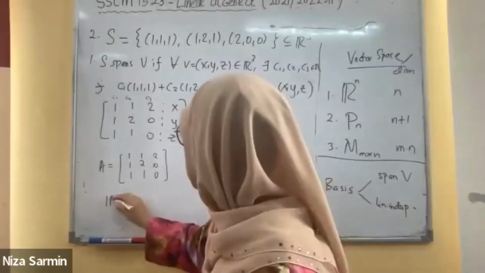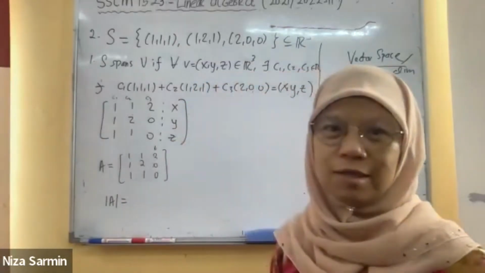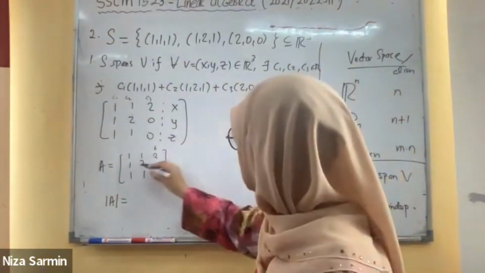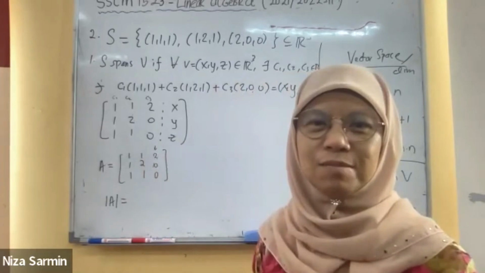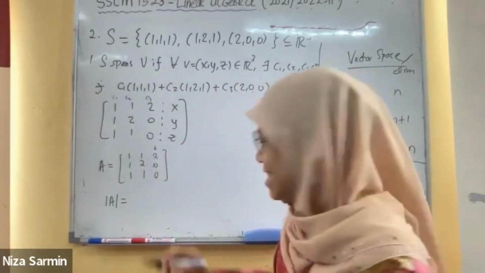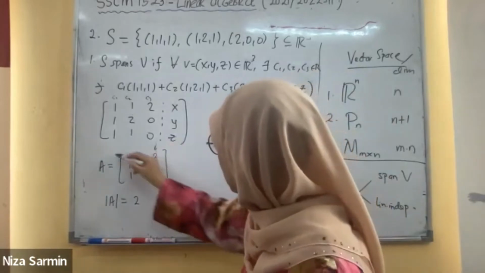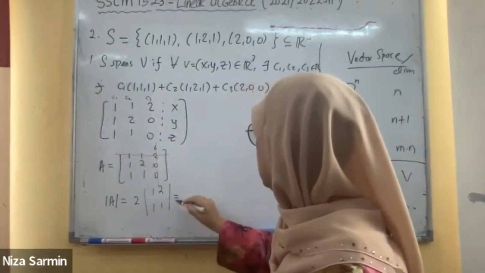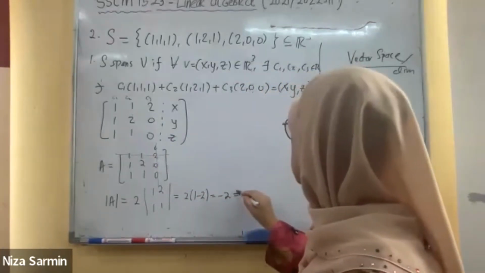So determinant of A, if you take this, easy, right? Because it's the third column. Positive, negative, positive. Oh no, I forgot chapter 1. How do you find the determinant? You go positive, negative, positive 2 and then cross out the row and column. Then 1, 2, 1, 1. So 2 times 1 minus 2, which is negative 2, which is not 0.